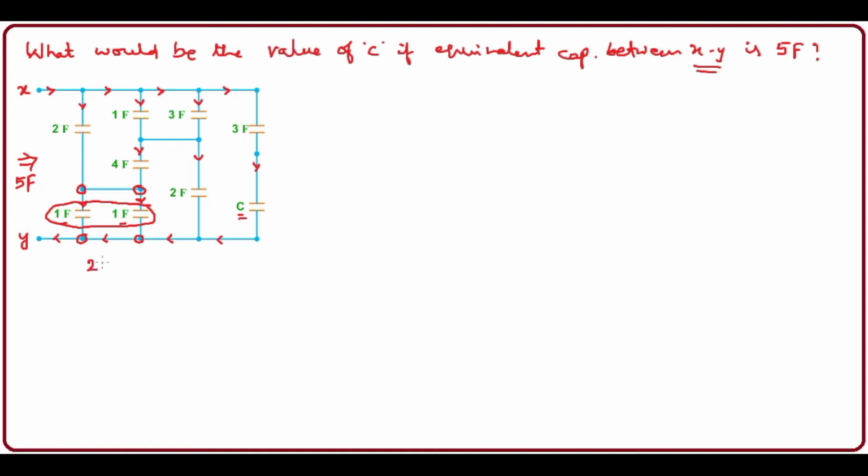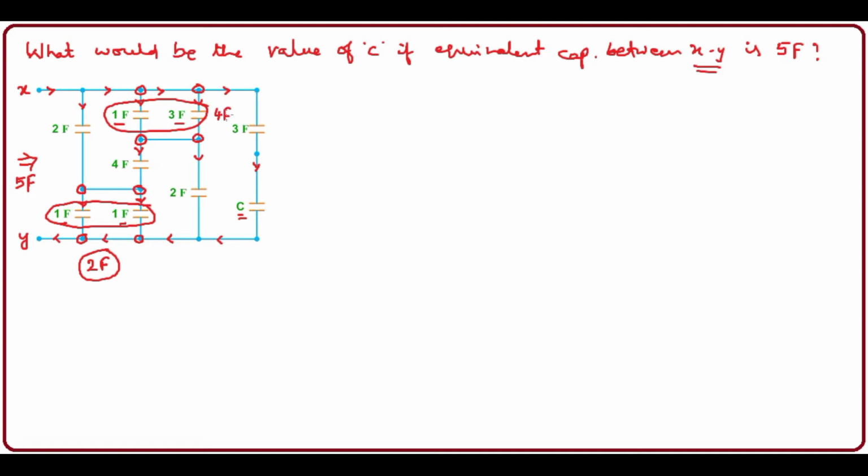So here it will be 2 Farad. Similarly here, these two points and these two points are the same, so these are in parallel, and I can remove this part. This will be 4 Farad.